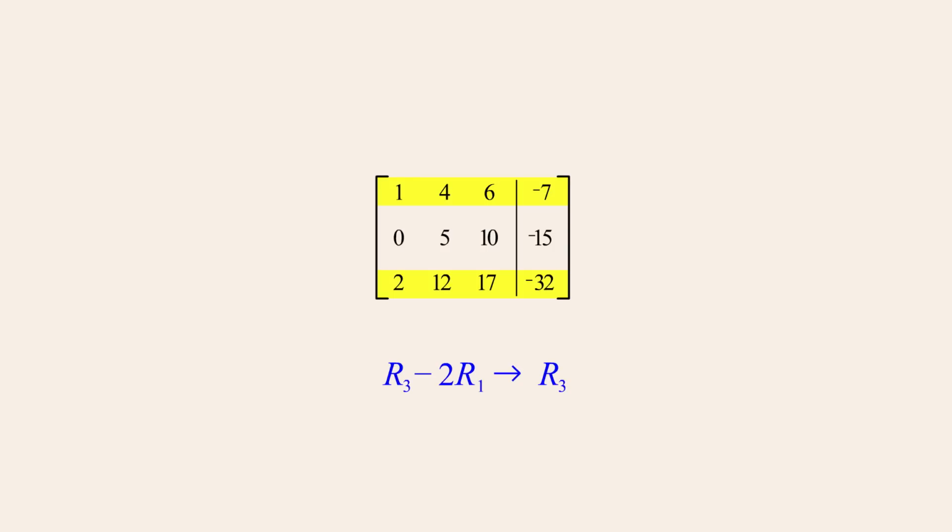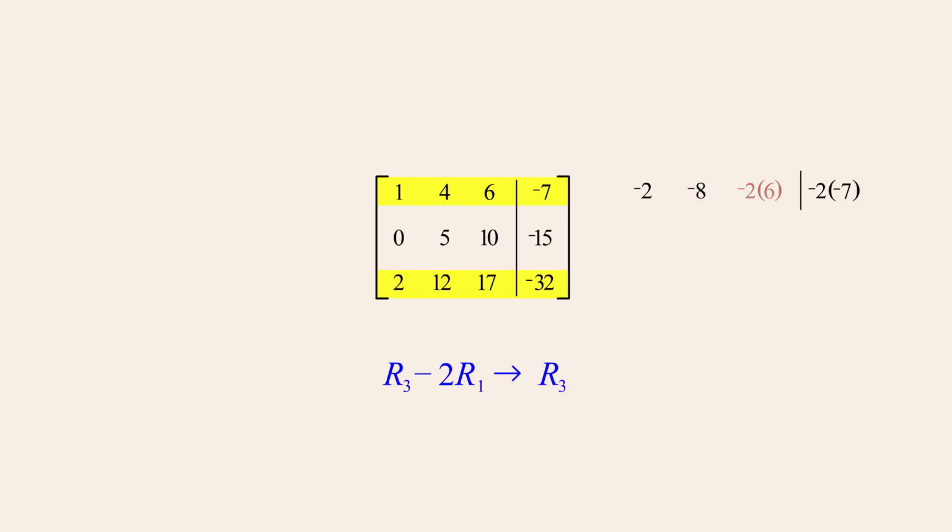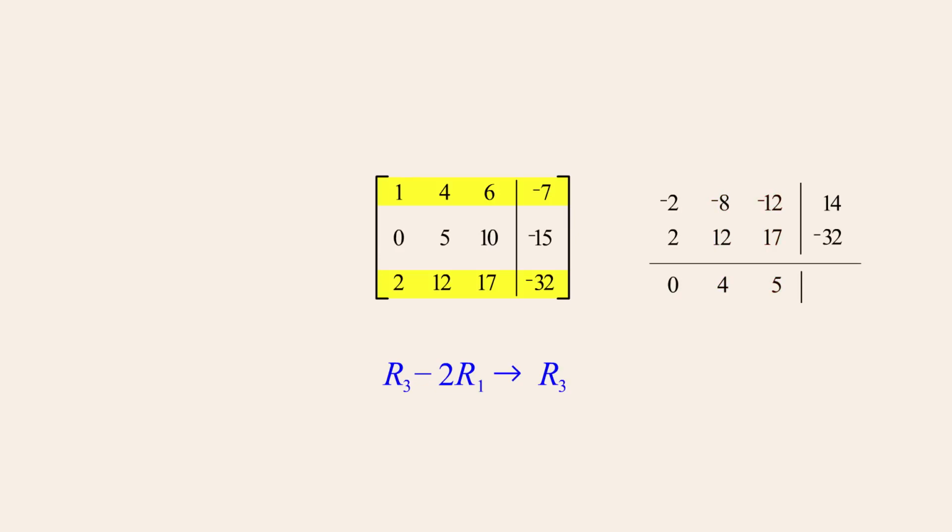Multiplying row 1 by -2, and adding that multiple of row 1 to row 3, we replace row 3 with the result.